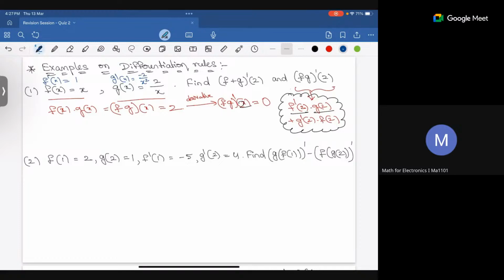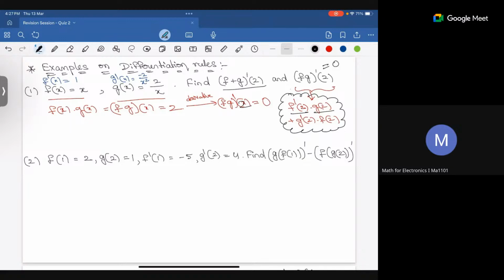Now you can plug in x equals 2 in these 4 formulas and do the computation. You will finally arrive at 0. Okay, all right, so this is 0.